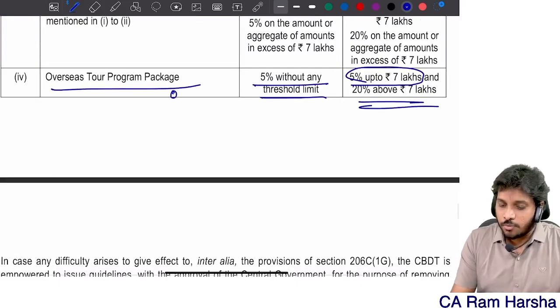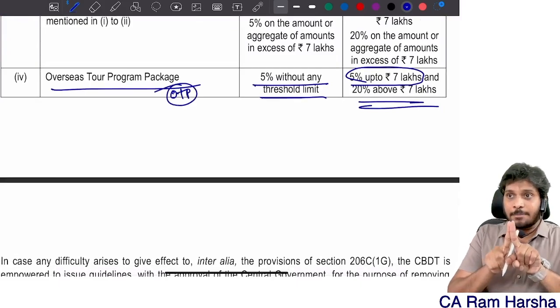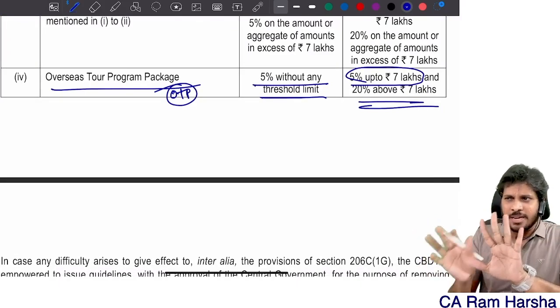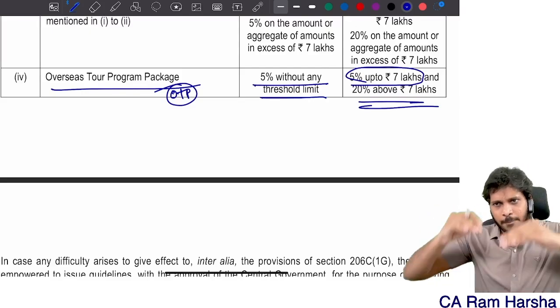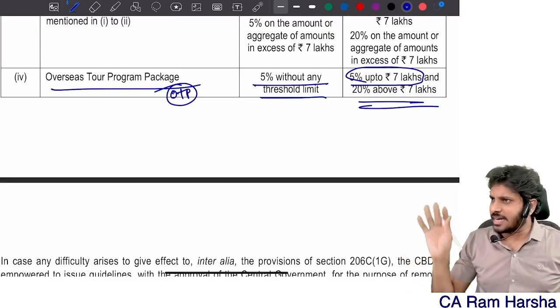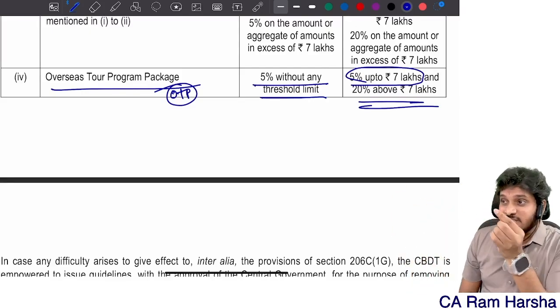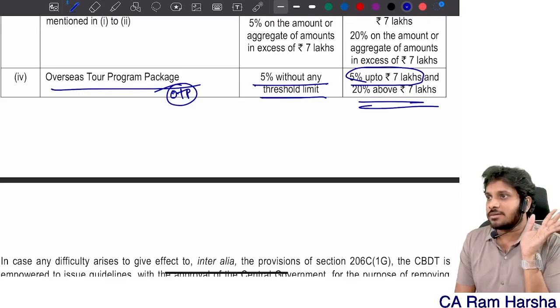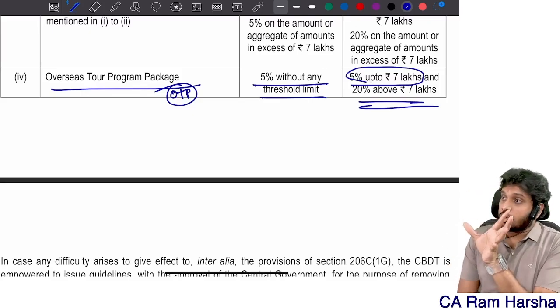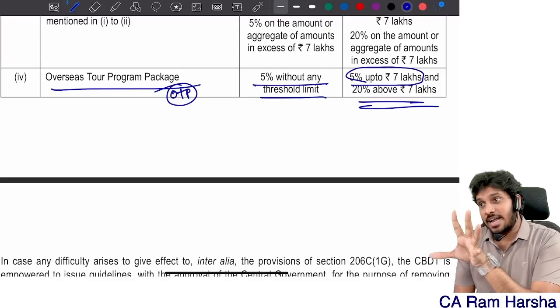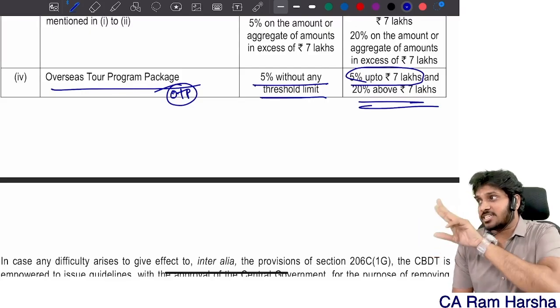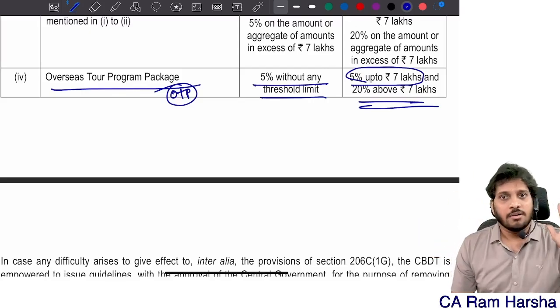By the way, this is one particular provision for which a separate 7 lakh limit is applicable. Even if the tour package is just 1 lakh, 5% is applicable. Suppose the total tour package cost paid is more than 7 lakhs. The moment it crosses 7 lakhs, the extra amount is 20%. Below 7 lakhs it is 5%.